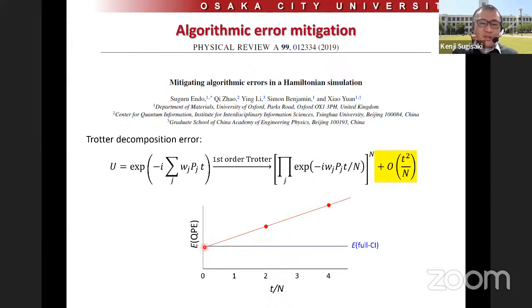So in this case, we can obtain the mitigated energy of the quantum phase estimation somewhere here. So the original energy is somewhere here, and the mitigated energy here. So the error can be decreased by this error mitigation technique.